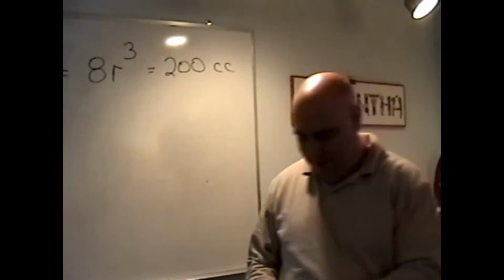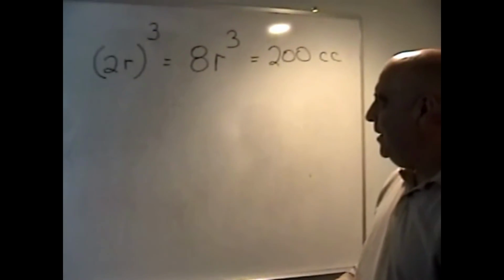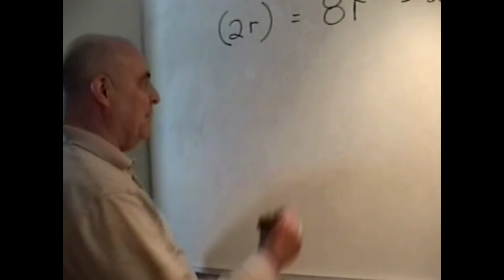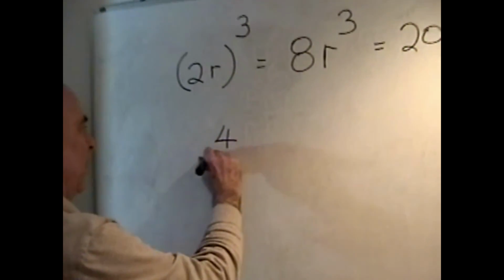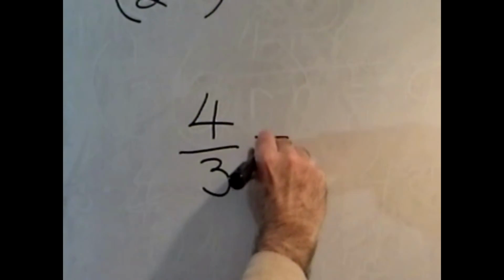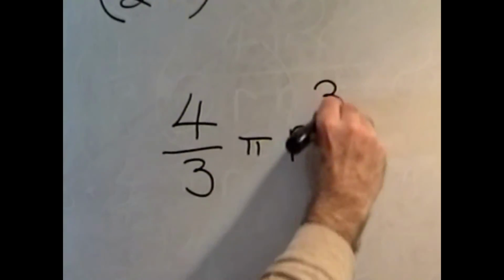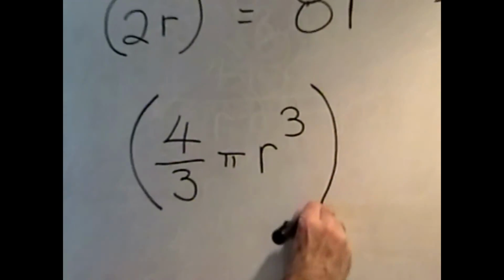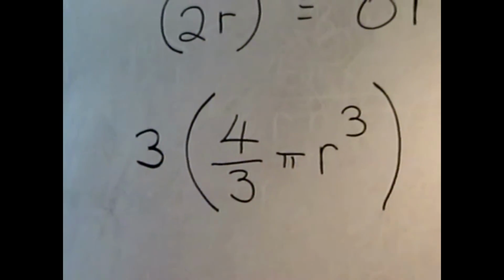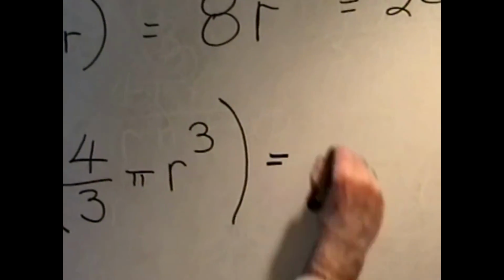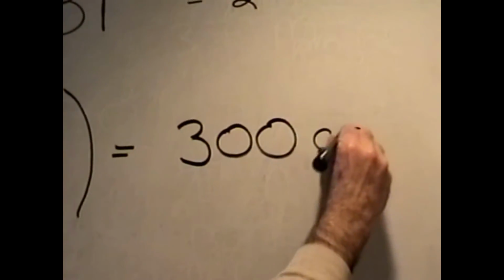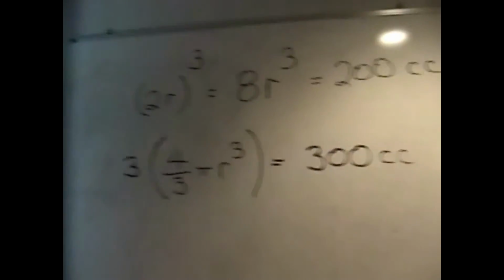Let's write that down. Now each ball has a volume. Let's see, what did we say the formula is for the volume of a sphere? 4/3 pi r cubed would be the volume of each of the spheres. But we have a total of 3 spheres. So this was equal to 300 cubic centimeters.